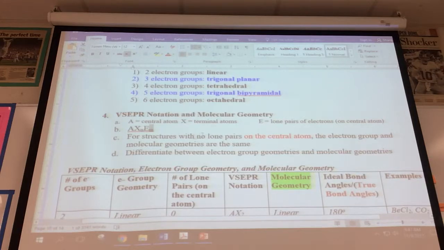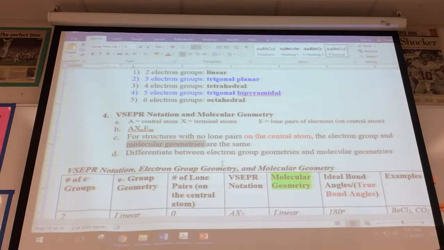If in your structure you don't have any lone pairs on the central atom, I added in red that on the central atom, because it wasn't clear to the other class. You'll see the electron group and molecular geometries are the same. It's very important that you understand the difference between the two. They're going to ask you for molecular geometry, the shape.